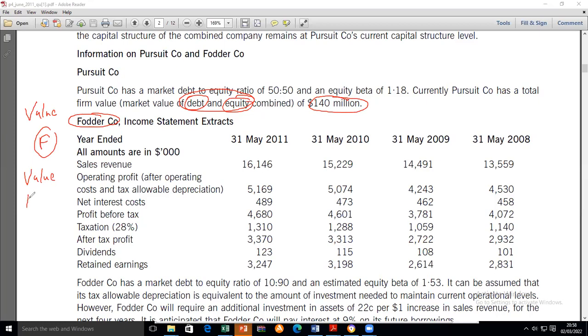The combined company will be Fodder plus P. So this information about Fodder, the income statement, has sales, operating profit after operating costs and tax allowable depreciation, net interest, tax, and after tax. The information from here will help us to calculate the free cash flow.